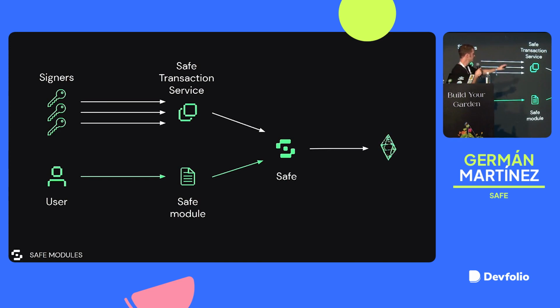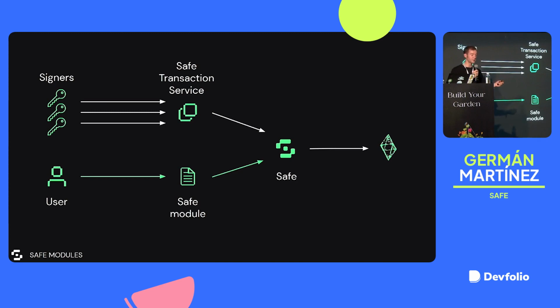So in the current flow, when you want to execute a transaction, you are calling the method execTransaction in the Safe. Inside that method is all the logic that checks if the signers signed the transaction. But with a Safe module, you can start with an empty one, just calling execTransactionFromModule, passing the transaction, and it will have root access to execute the transaction.